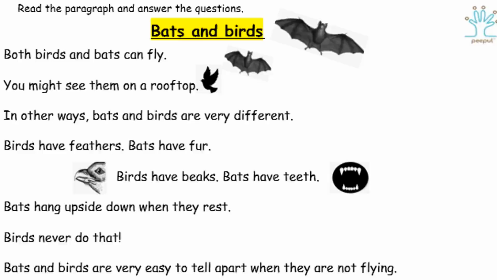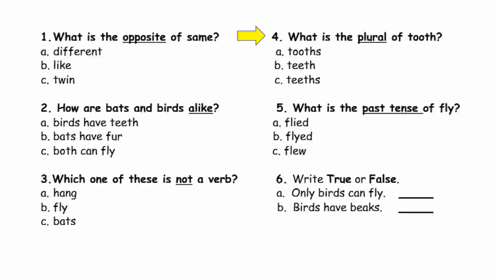Oh yes, you're right. Here's the word. So we all know now that the plural of tooth is teeth. We'll go back to the question and mark the correct answer. So what is the plural of tooth? Yes, it's teeth. So I'll tick the correct option, which is B.